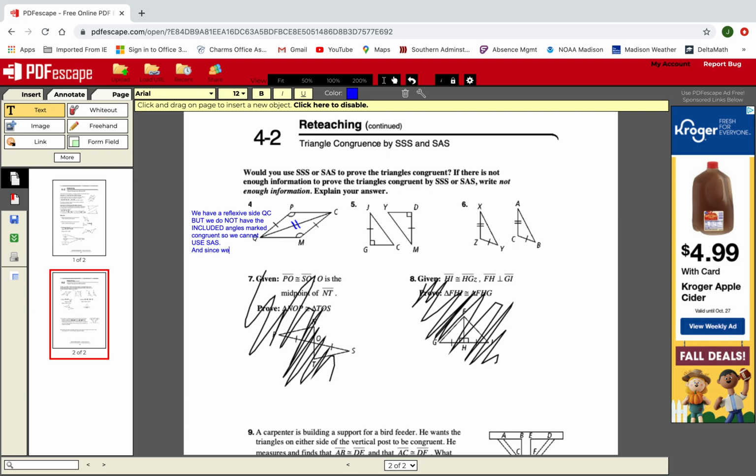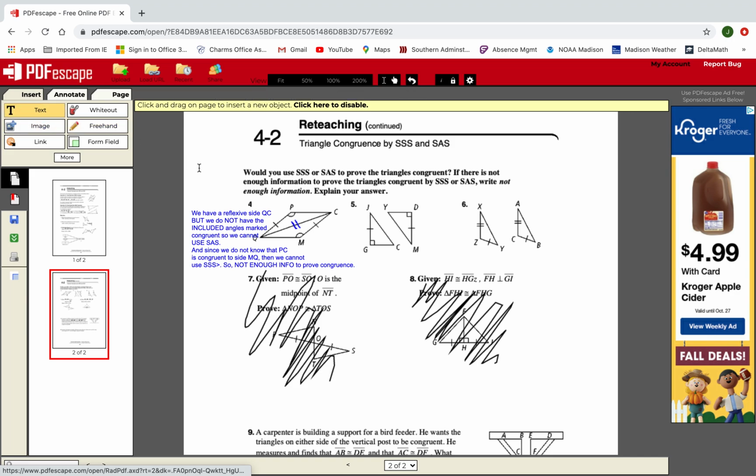And since we do not know that side PC is congruent to side MQ, then we cannot use SSS. So for number 4, we have not enough information to prove congruence.